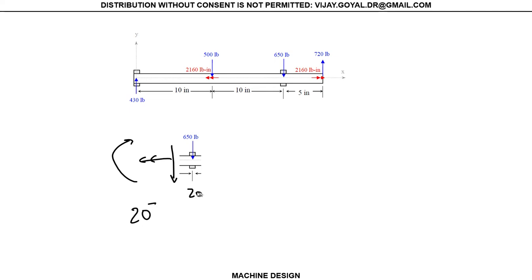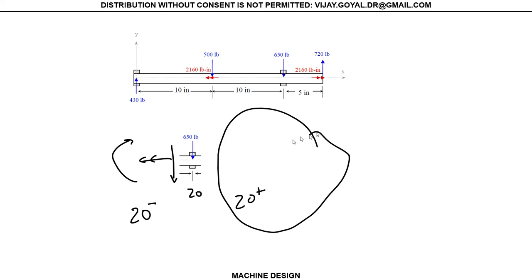This is the location of 20, and 20 plus is what I'm really interested in. But I need to be very systematic about this in order to find my moments and everything. Okay, so we have done this several times.